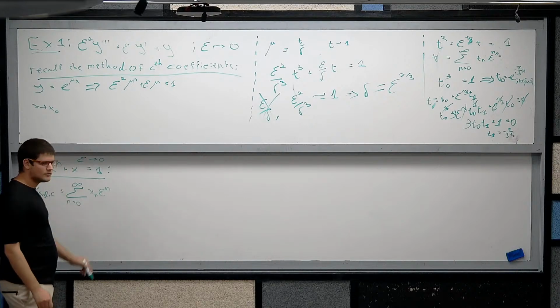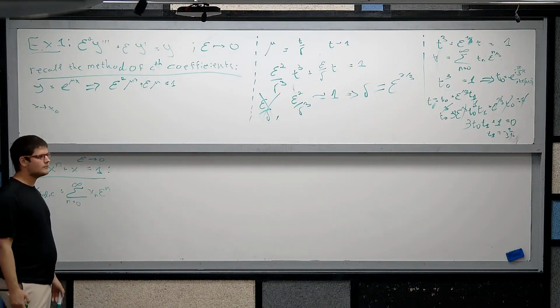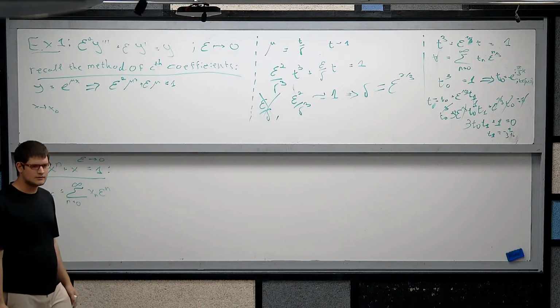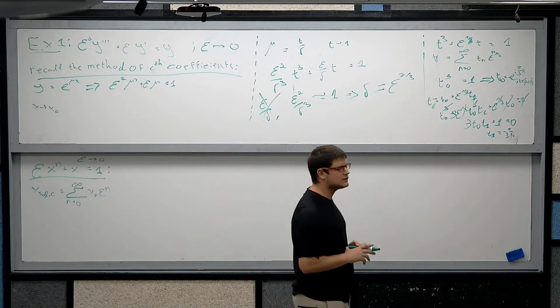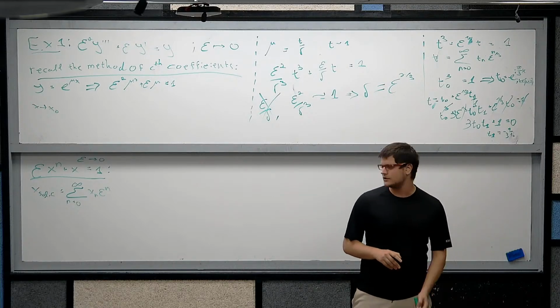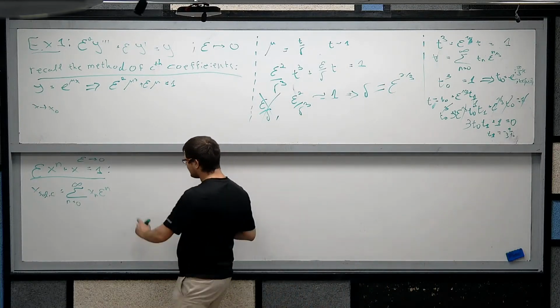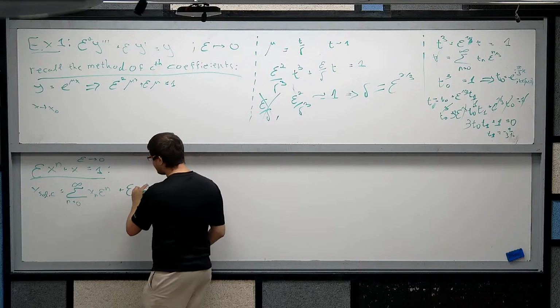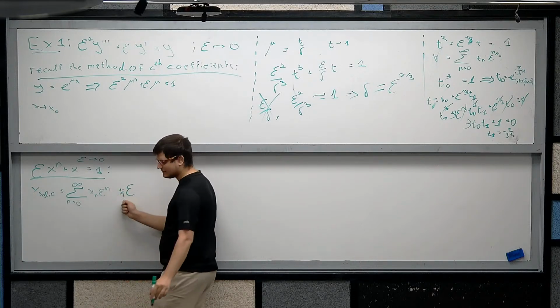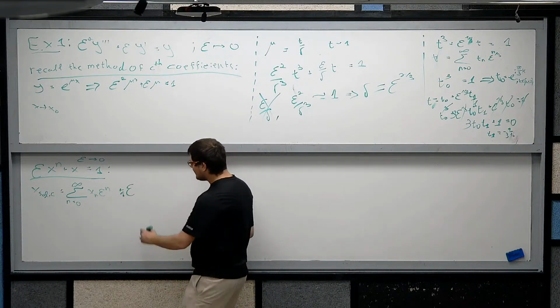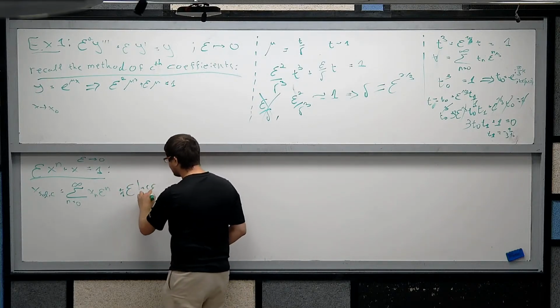Why? Because it looks like that. You need to verify that, depending on the question, and sometimes the whole point of the question is just to let you know that there is another term of a ln. A ln epsilon, ln epsilon.